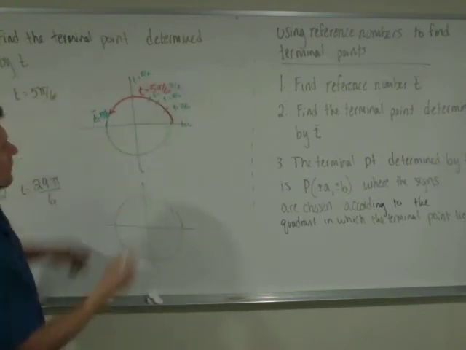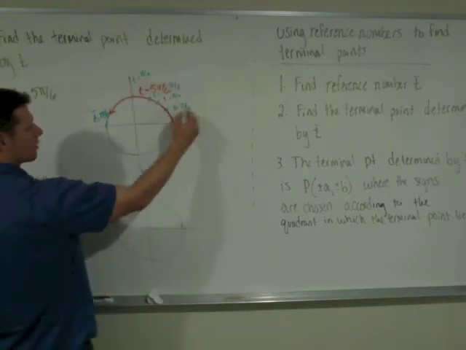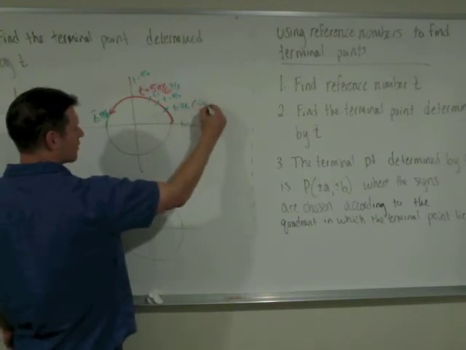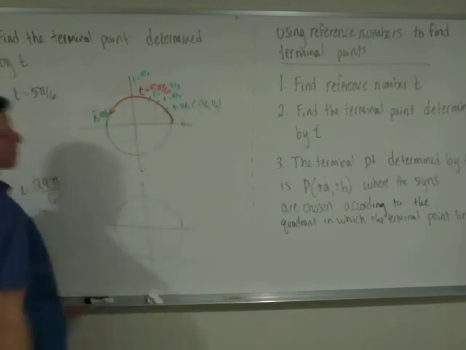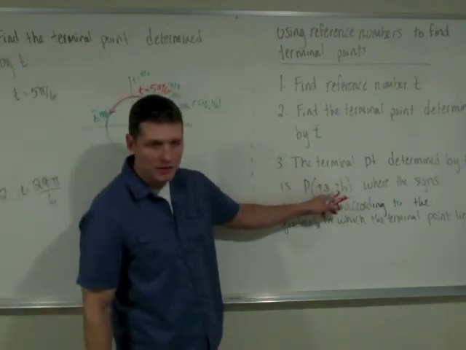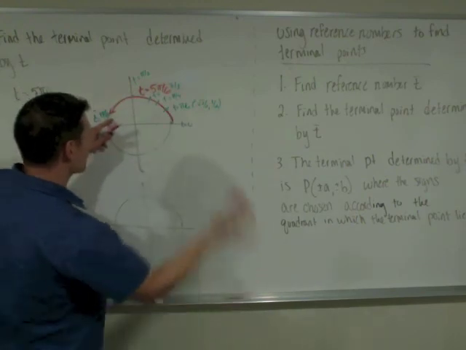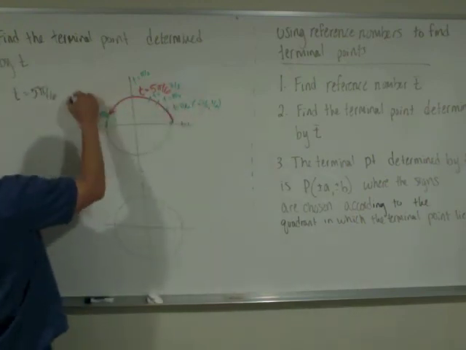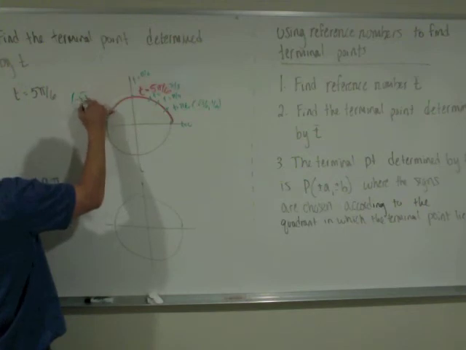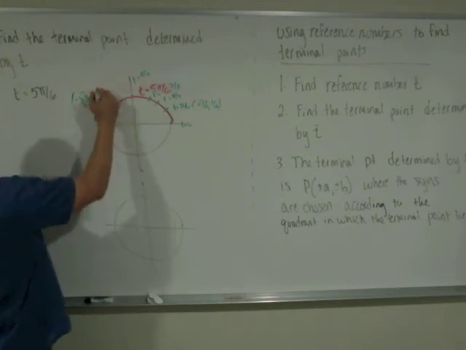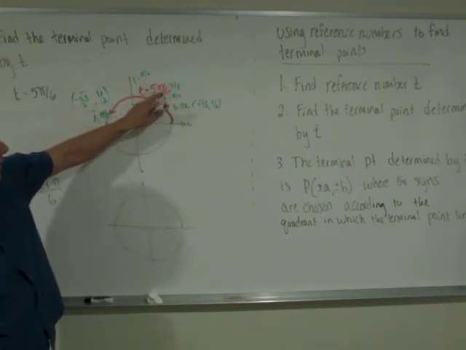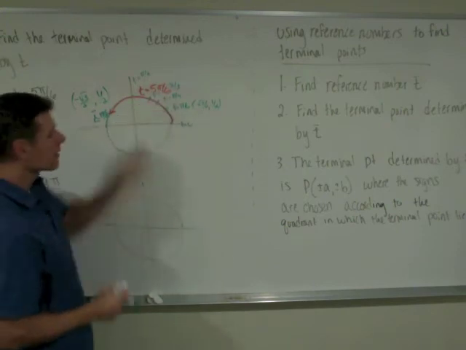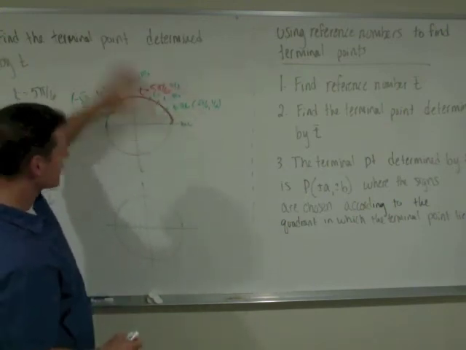So if we know the value of this terminal point, which is square root of 3 over 2 comma 1/2, we know that this terminal point will be plus or minus depending on what quadrant it's in. Well, this is in quadrant 2, so we know that the x value is going to be negative. So it'll be negative square root of 3 over 2, comma, positive 1/2, since it's a positive y value. So that gives us the terminal point determined by t equals 5 pi over 6. Really, you only have to memorize these ones, and we get all the rest of them.